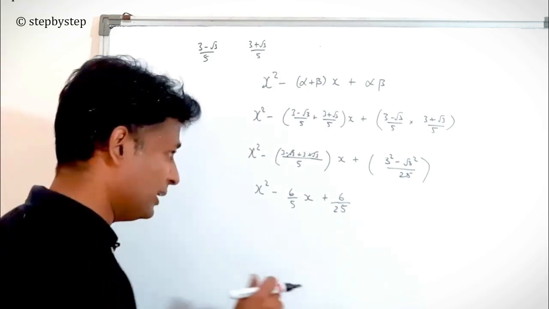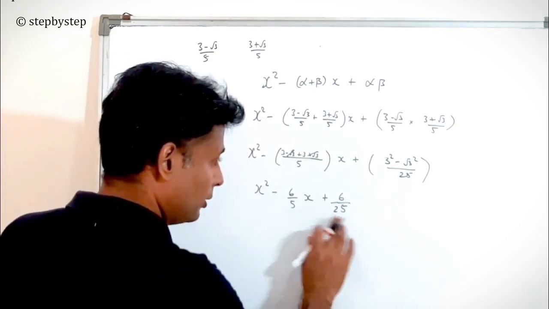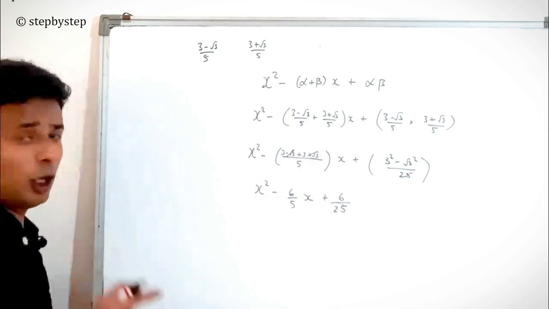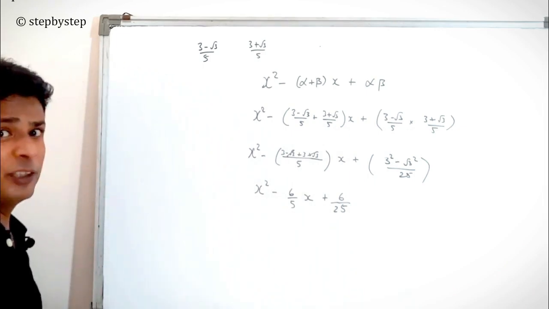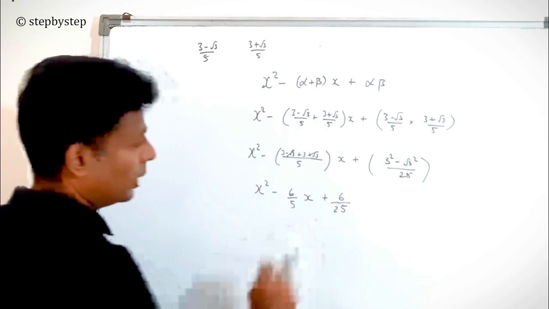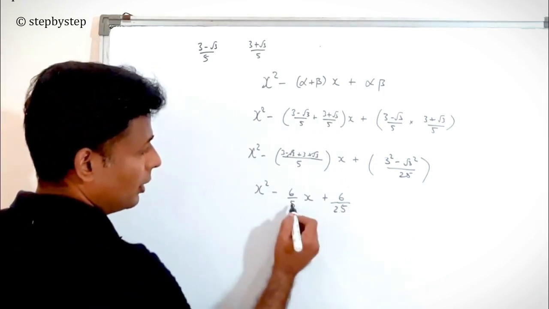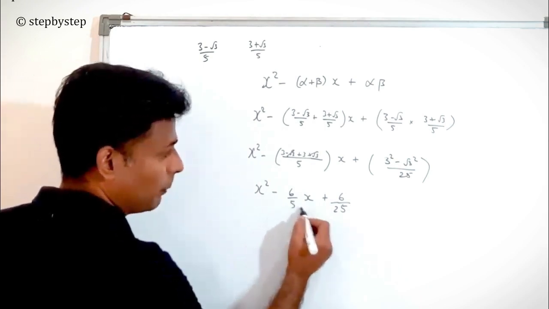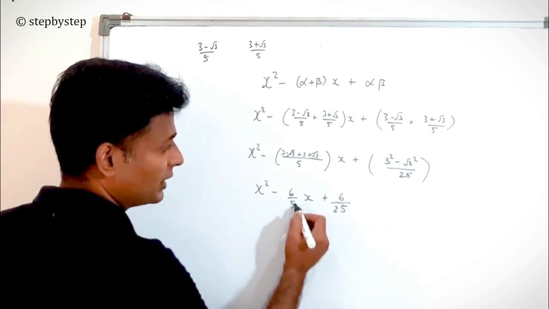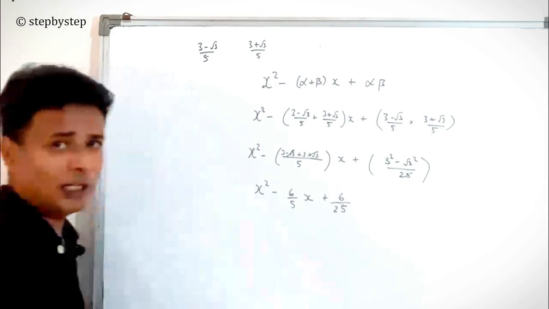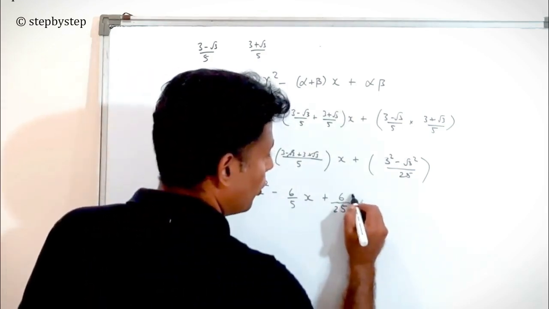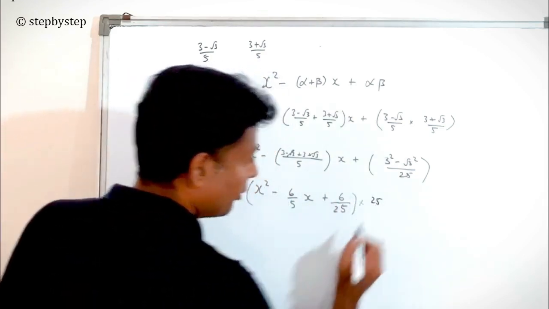You can also simplify this. Now, you must have noticed that in the options this is not there, which is because I have removed the denominators. How do we remove the denominators? We need to multiply with something which is divisible by 5 and 25. So I'll multiply the whole equation by 25.